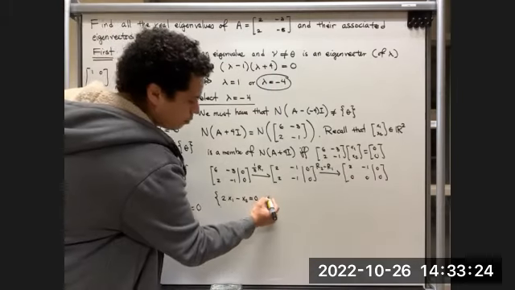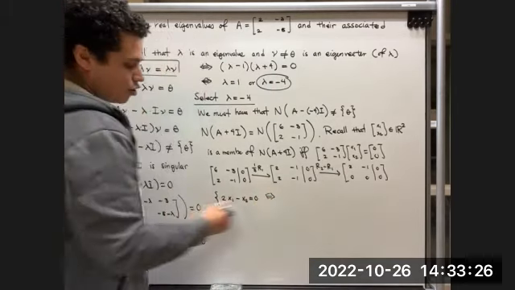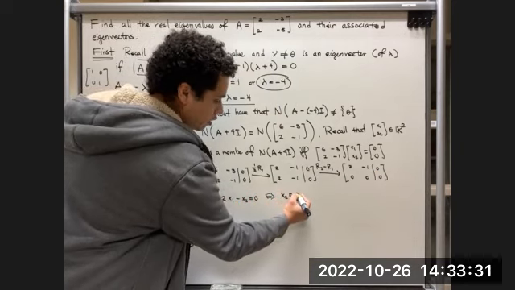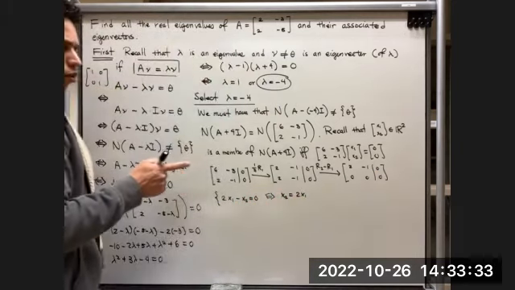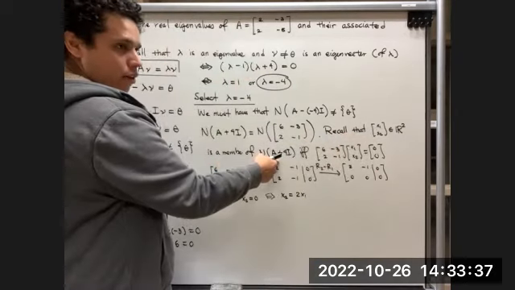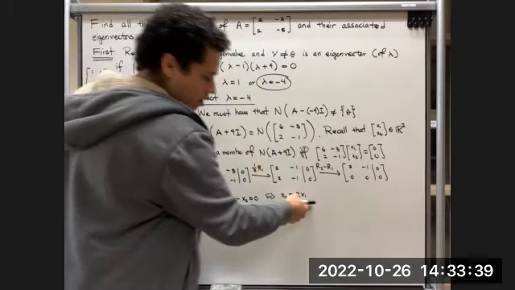So for this one, we'll get now this equivalent expression: x2 is equal to 2x1. So in other words, a vector is a member of this collection if and only if this is satisfied.